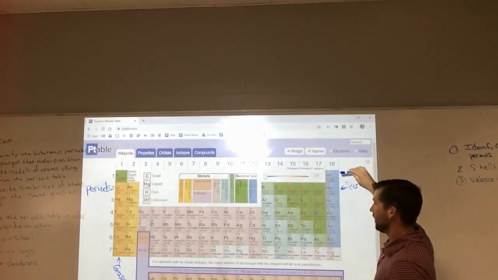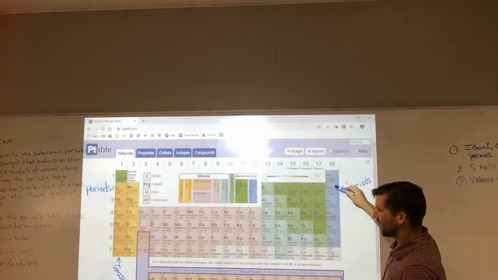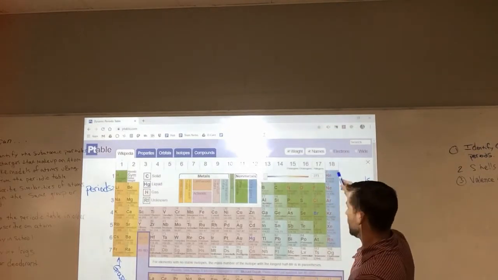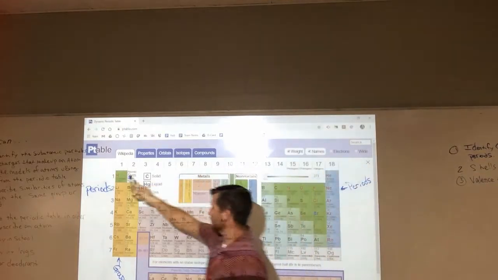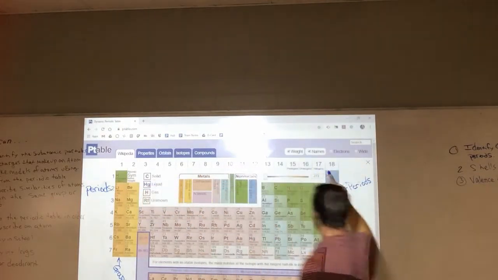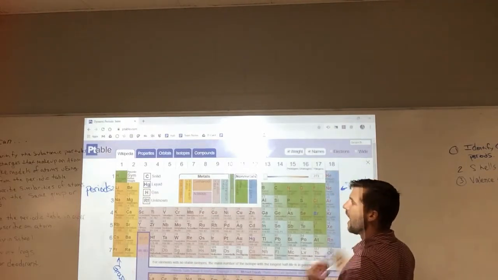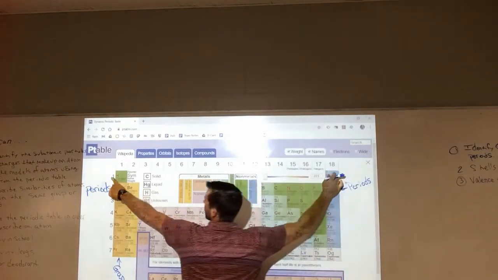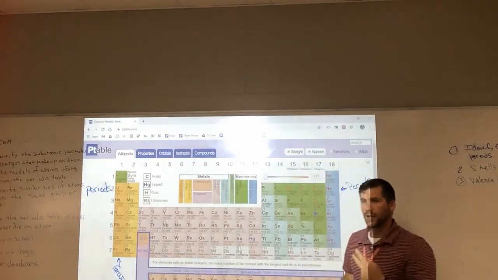So we talked about the number of shells each element in each period will have. Now we're going to talk about how many electrons go in each of those shells. As I said earlier, this period will have one shell, and it fills up with 2 electrons. So I can use the periodic table as kind of a cheat sheet to figure out how many electrons each shell will hold. I can see that the first shell holds 2 total electrons.